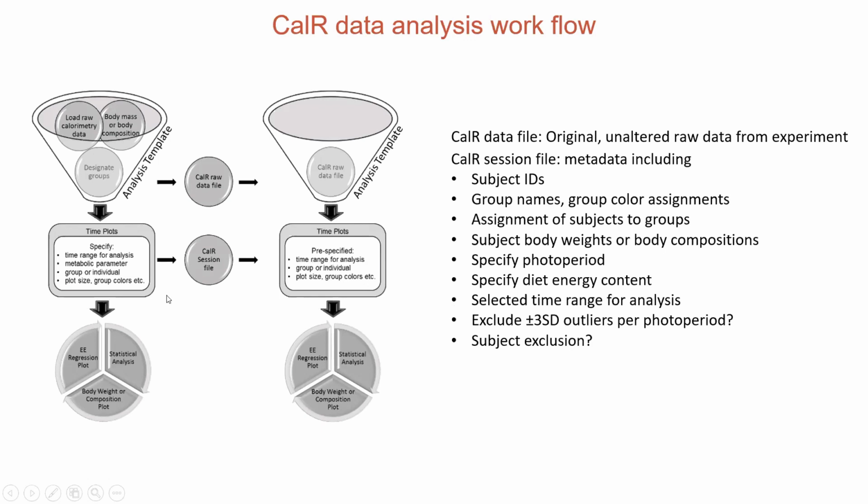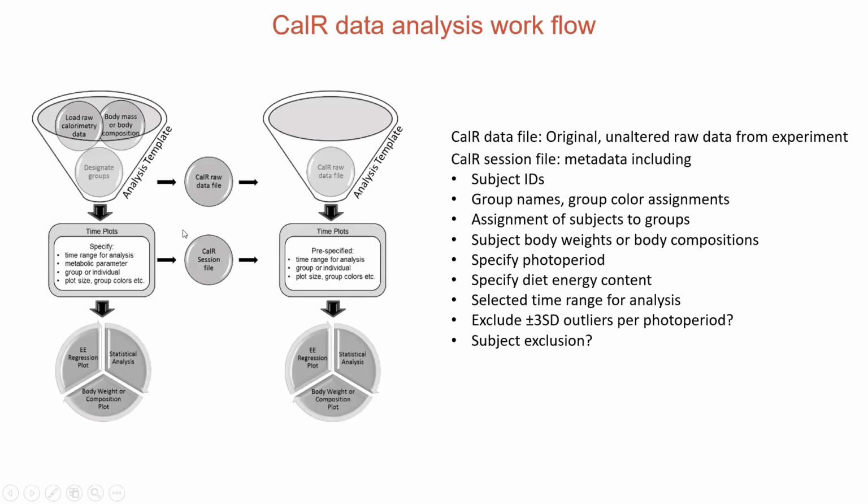Once you load all of that data and metadata in, then you can analyze and get out the regression plots, the statistical analysis, and the body weight plots. The first time you run this takes 10 minutes to get all of that data in there. However, for subsequent runs, you have your CalR raw data file, and you now have the CalR session file.